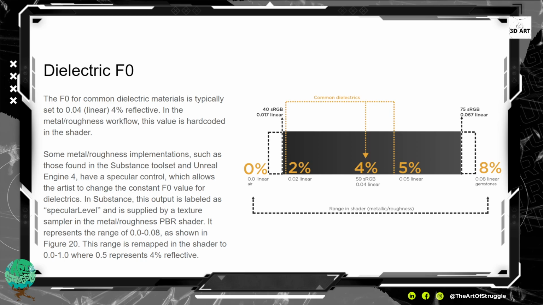It represents the range of 0 to 0.08, as shown in this figure. The range is ramped in the shader to 0 to 1, where 0.5 represents 4% reflectivity. All right? So this is the range for most dielectrics, right?